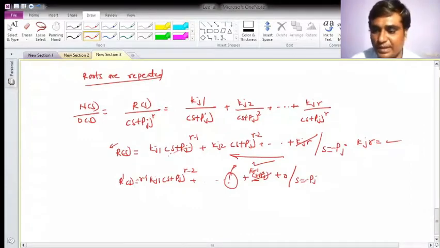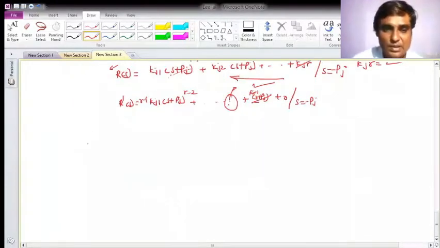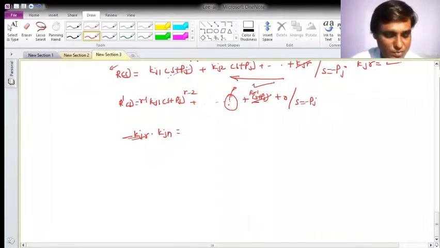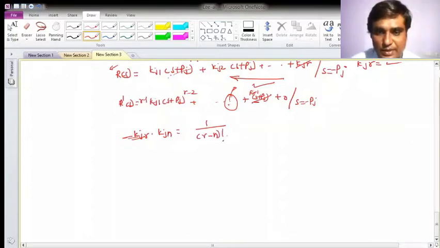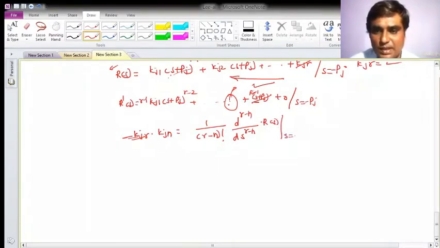So the generalized formula I can express: kjn, where r is the multiplicity of the root, will be 1 over (r minus n) factorial times d^(r-n) divided by ds^(r-n) of R(s), evaluated at s is equal to minus pj. That way you can solve.